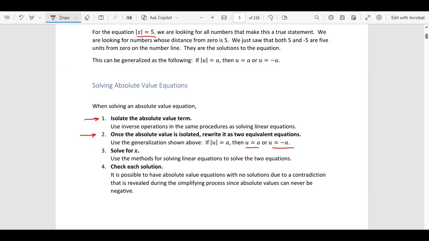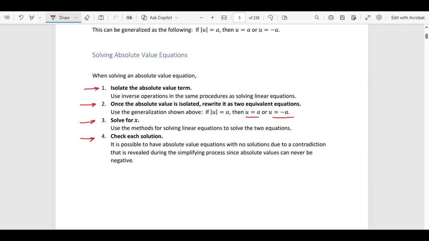Then you solve each of those equations and find the variable. Again, at the end of each equation, we need to check the solution by plugging it into the equation to make sure that the answers give us a true statement.